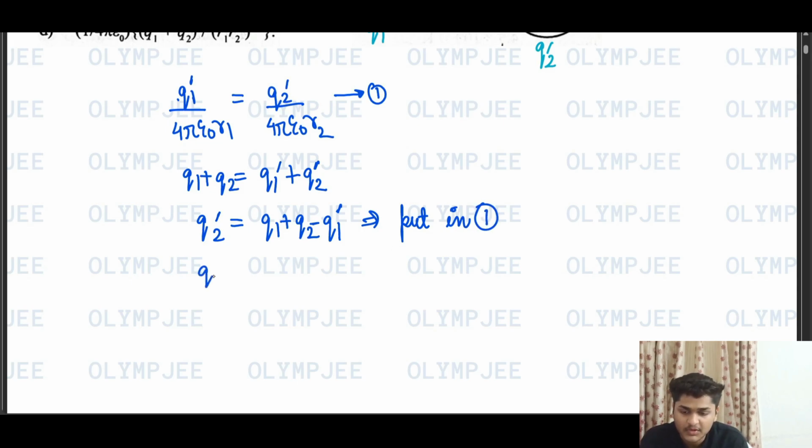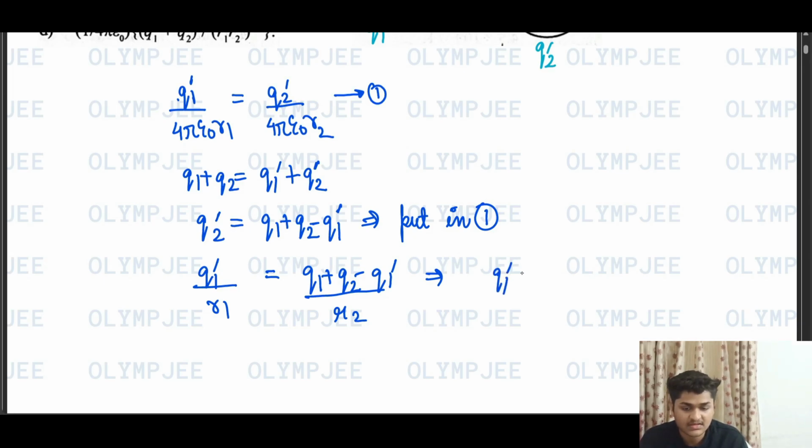So this will become q1 dash by r1. I've cancelled out 4 pi e naught on both sides. q1 plus q2 minus q1 dash divided by r2. So from here we will get, I'm taking q1 dash on this side because we need to find q1 dash in terms of q1 and q2.